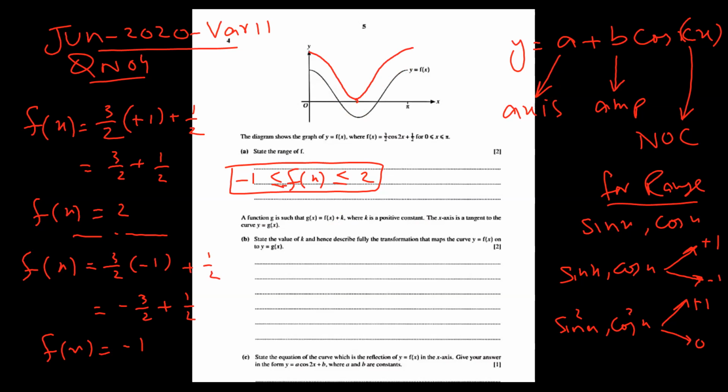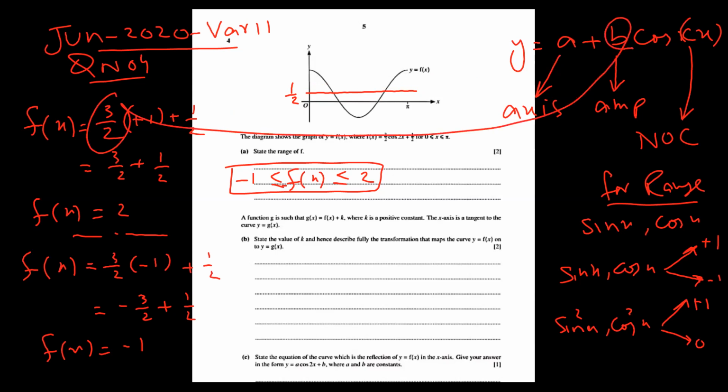First of all, if we check the question, this is our axis. As I said, axis is a half. I said before, what is axis? The middle line is called axis. And this A part, this 3/2, is called amplitude.